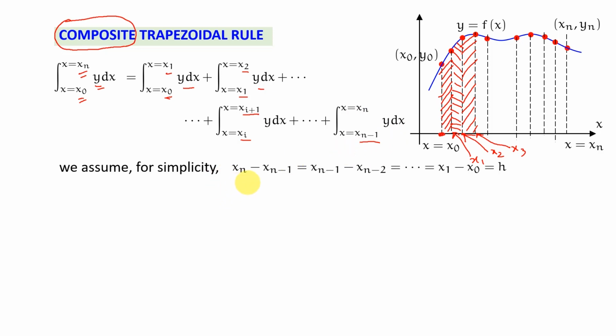So if I assume in this case, just for the sake of simplicity, that the grid size is uniform, which means that xn minus xn-1 is equal to xn-1 minus xn-2, etc, is equal to x1 minus x0.